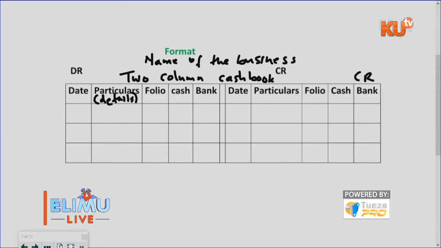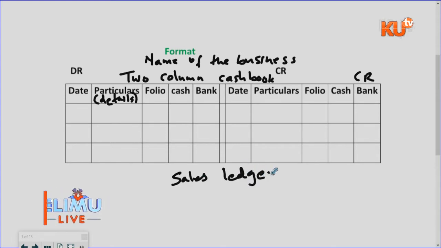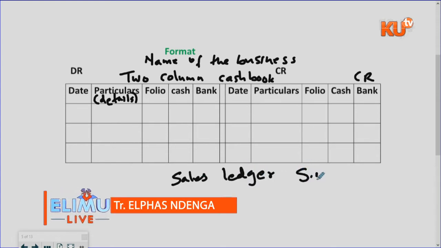And we'll be using different accounts. For example, we can have what we call the sales ledger. In this case, we use the abbreviation SL under the folio. We have the purchases ledger. We use PL to mean the purchases ledger in the folio.